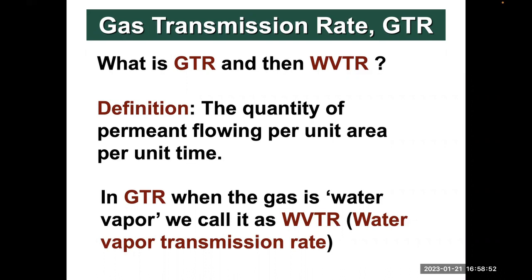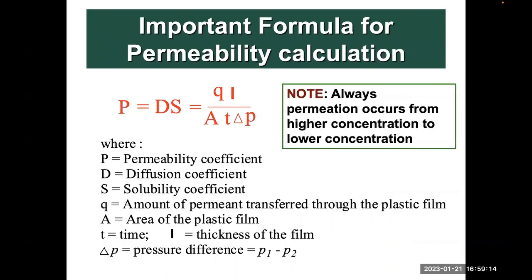Irrespective of whether you are using 1 mil or 3 mil thick film, if they are the same material and processed exactly the same way, then their permeability coefficient would be the same, but their GTR, OTR, WVTR could be different. And here you have a permeability coefficient, right?